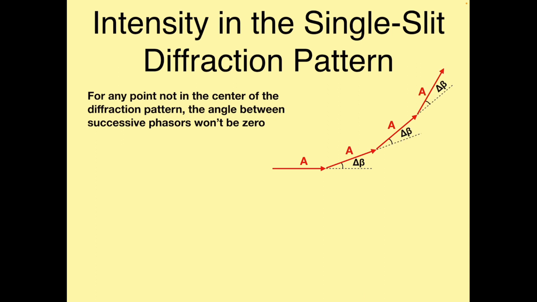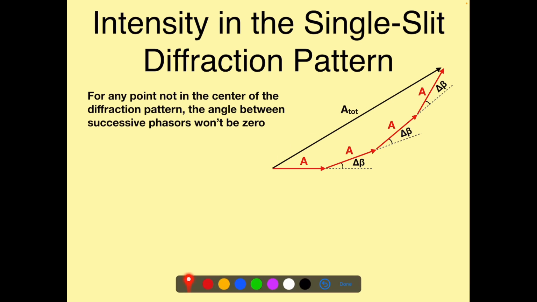And then again, there's an angle delta beta between that one and the next phasor. So what you see happening is the phasors are kind of curving around like this. Each time we add a phasor, we change the angle by an amount delta beta. So the total amplitude is going to be a phasor that goes from the start of the first phasor to the end of the last phasor like this. That's our total amplitude for our phasor diagram.